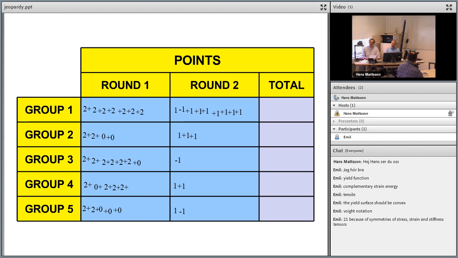Yes, that was an answer that was not totally wrong. Yes, and what could be good with that? Could it model cyclic loading?